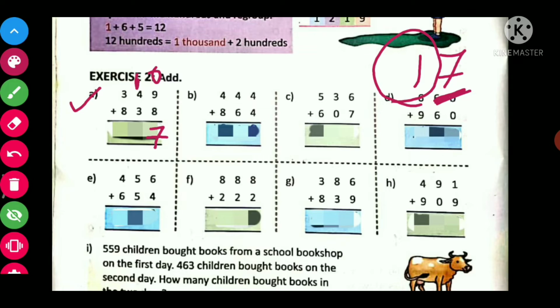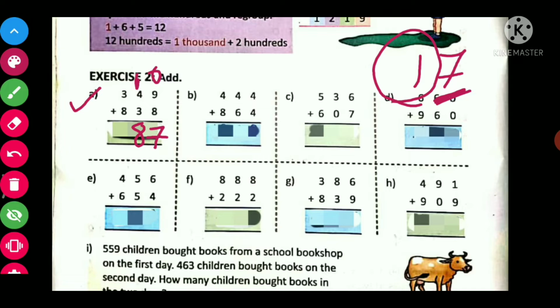Now in the tens place, three numbers are there: 1, 4 and 3, right? So 1 plus 4, how much will it be? 5. 5 plus 3 is 8, so we'll write 8 here. Now see the 100 place value. 3 and 8 are there. So 3 plus 8 will be 11, right?